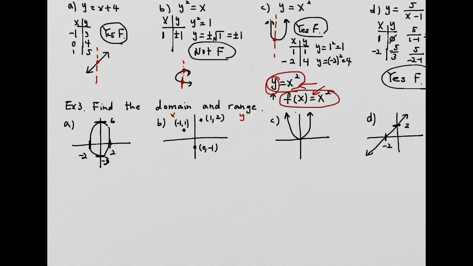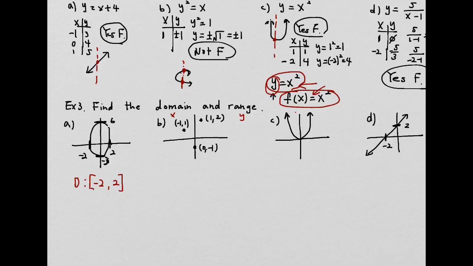Your domain is going to be negative 2 to positive 2. Your domain is always on the x-axis, right? And we're going to use brackets here. The reason we are using brackets is because we wanted to show you that negative 2 and positive 2 are included, right?